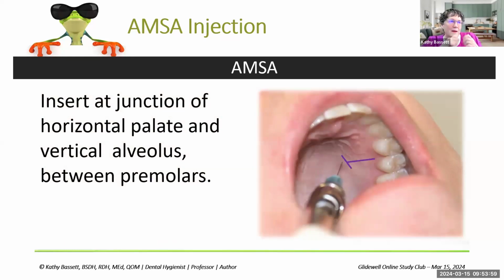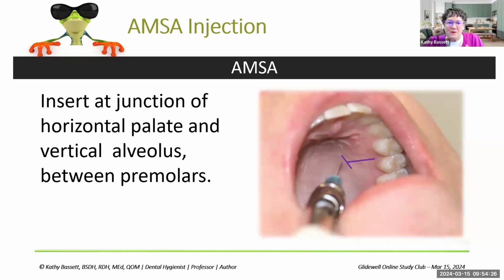The way to think about this is to aim the bevel towards the palate. And just imagine you're going to park that diagonal of the bevel against the bone. And that will help you figure out your vertical angulation. I just think of it like on Star Trek, when the ship's coming in and docking itself. I dock the needle facing the bone, and then I just hold that position.